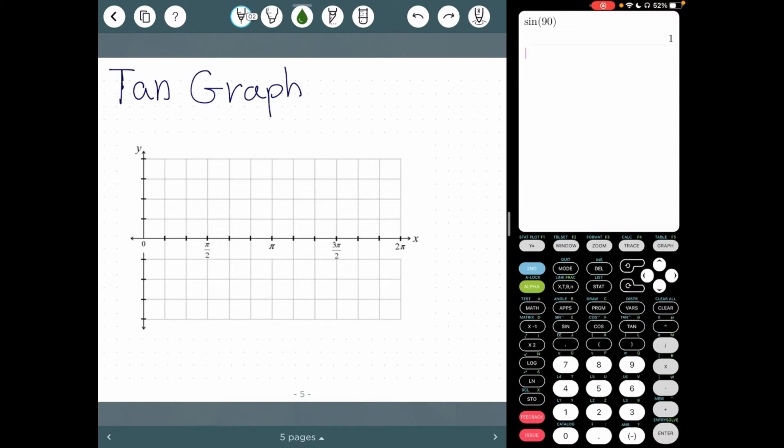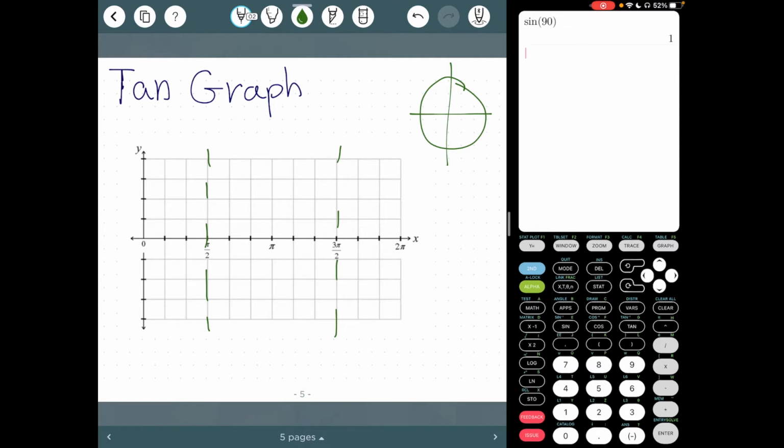Okay, so for the tan graph, it's a bit different. The tan graph has asymptotes at pi over 2 and 3 pi over 2. This is because if you think about it on the unit circle, at 90 degrees, which is pi over 2, there really are no x values.